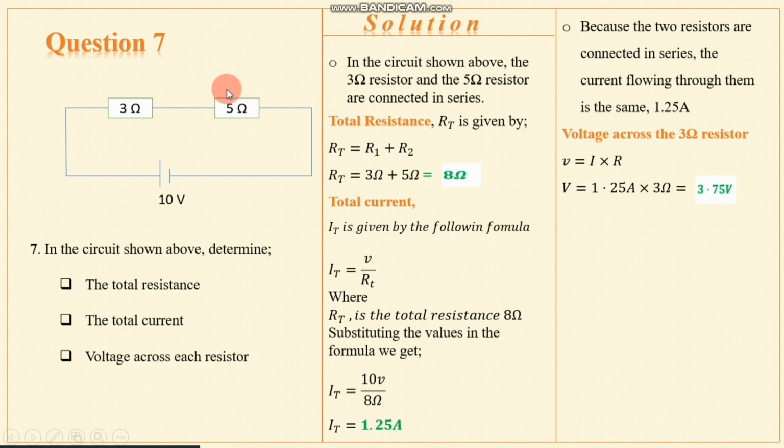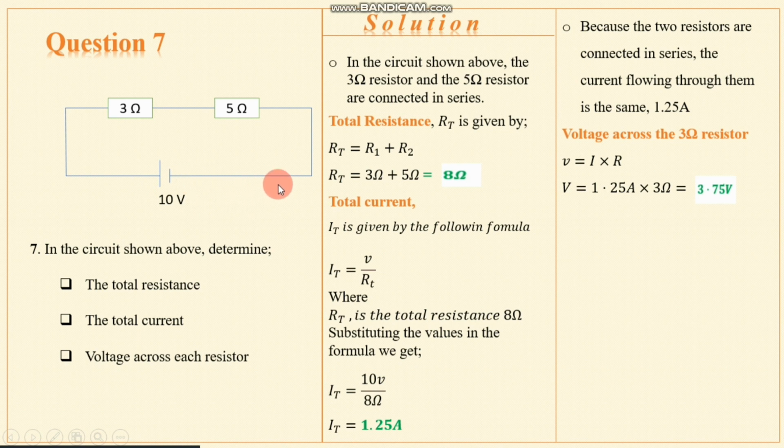We can easily get the voltage across the 5 ohm, and one of the simplest ways is to subtract, because this voltage is shared across the 3 ohm and the 5 ohm. To get the remaining voltage across the 5 ohm, we subtract the voltage across the 3 ohm resistor from the total voltage, and we get 6.25.